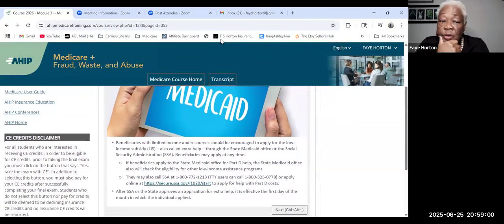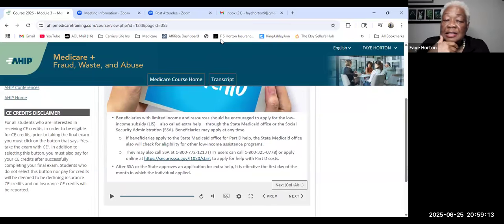To get help with their prescription drugs, they can also call SSA or apply online at SSA.gov. After SSA or the state approves an application for extra help, it is effective the first day of the month in which the individual applied.